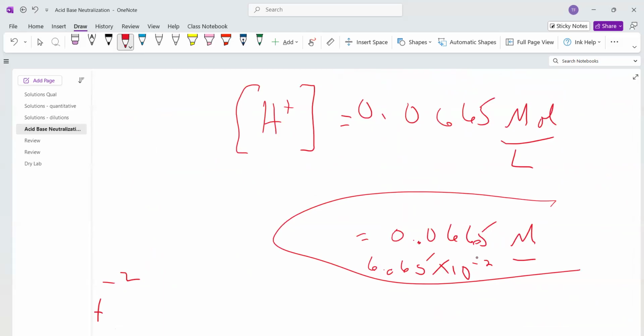If you're in 1A, 2A, or 3A, you would then take this and convert to pH. So we take the negative log of 6.65 times 10 to the minus 2 on your calculator, and that would be pH. It's a simple one click. That's why don't they teach it? And they get upset if I teach pH. They're saying that's out of the scope of the class. The student learning objective does not include pH.